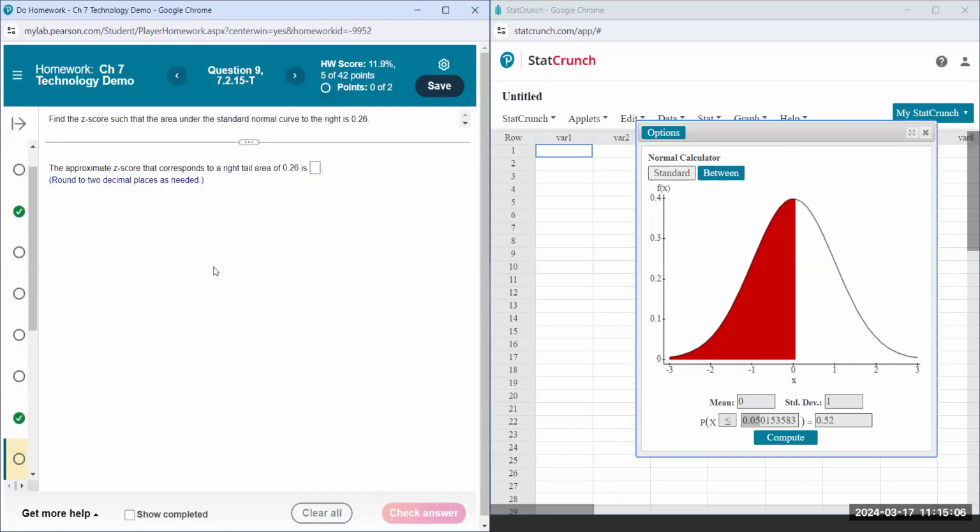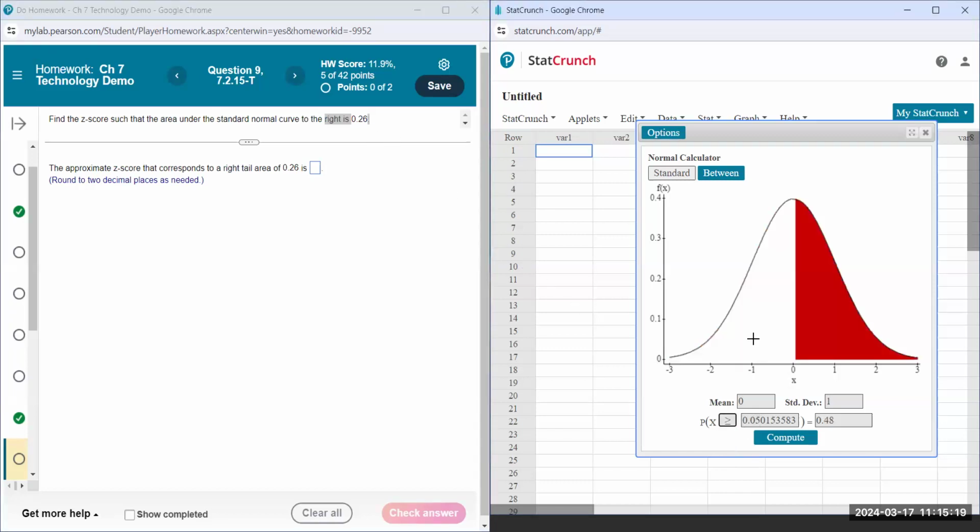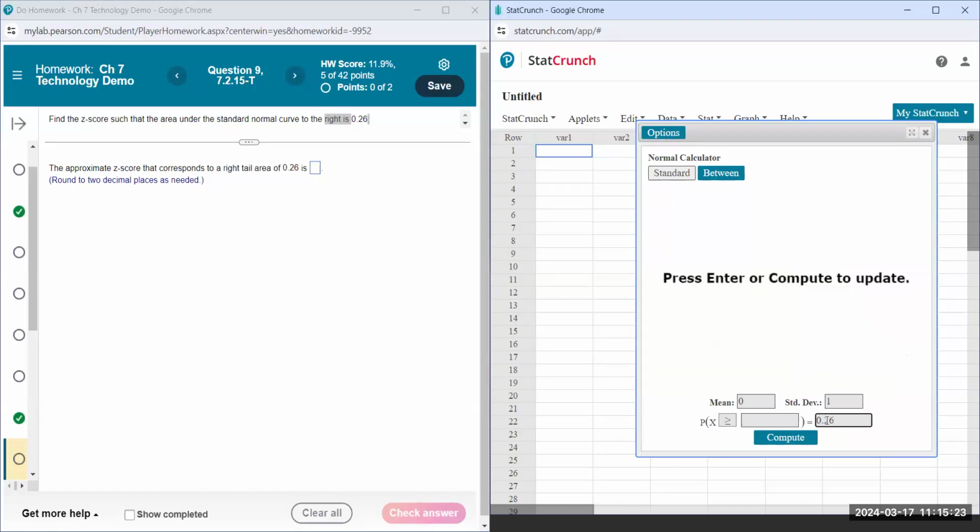Okay, question 9. Another, find the z-score so that the area is to the right. So you have to pay attention whether you're shading to the left or to the right. So this one's to the right. And again, they're telling us the area, which is 26% now. If you're on the right side, this x value should be positive, right?